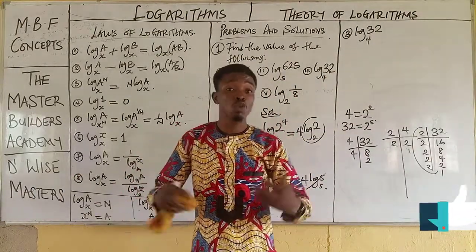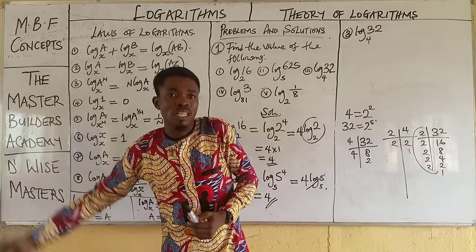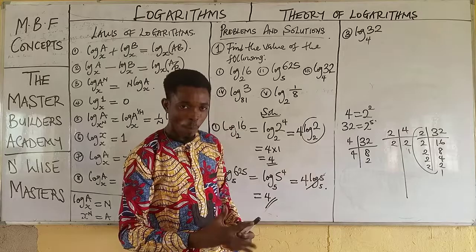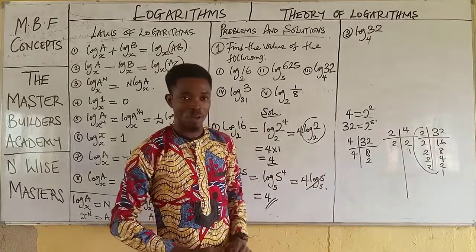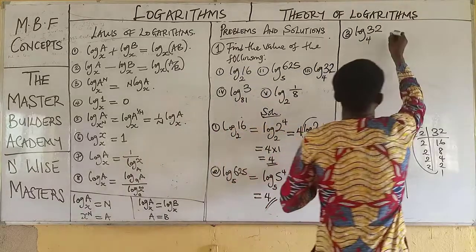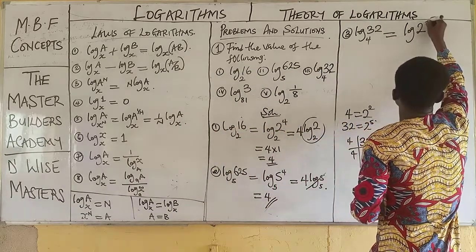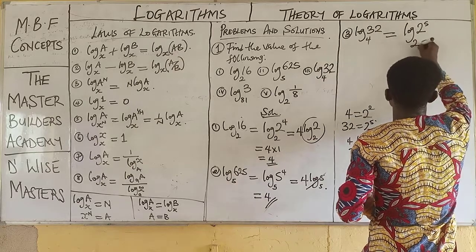Because naturally, the question you are given may not look exactly as one of the laws, but there are steps you can take to arrive at one of the laws, and that's exactly what we are doing. So at this point now, I'm going to replace 32 by 2 raised to the power of 5 and 4 by 2 raised to the power of 2.